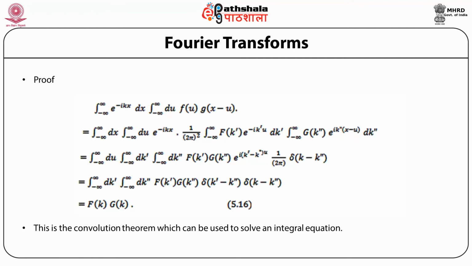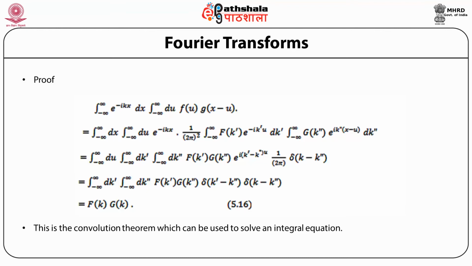So this integral can now be written as a three-dimensional integral over du, over k', and over k''. The integral over u can be done easily because u occurs in exponentials. So you have exponential minus ik'u and exponential minus ik''(x minus u).